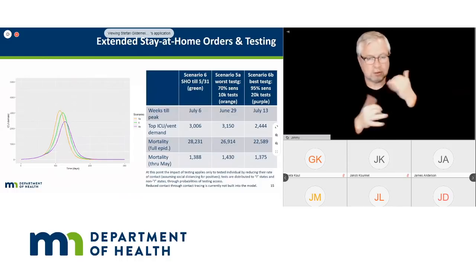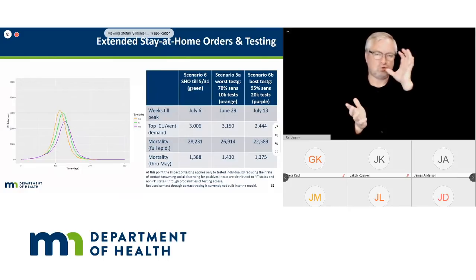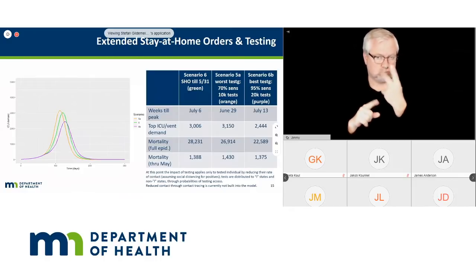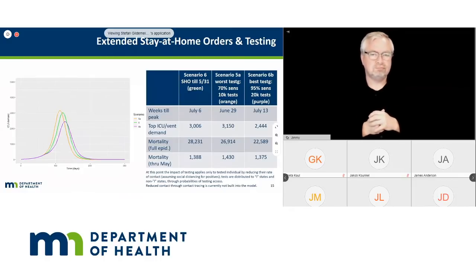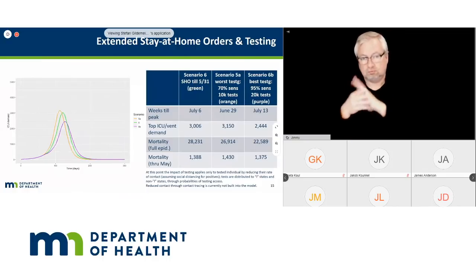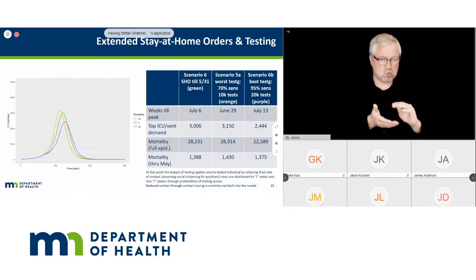They're complex because they're kind of layered, and I'll walk you through that right now. We have a best and a worst test scenario. Under the worst testing scenario, we have low sensitivity in the tests, and we understand sensitivity ranges somewhere between 70 and 90%. We have low sensitivity under one scenario and 95% sensitivity under a different scenario.